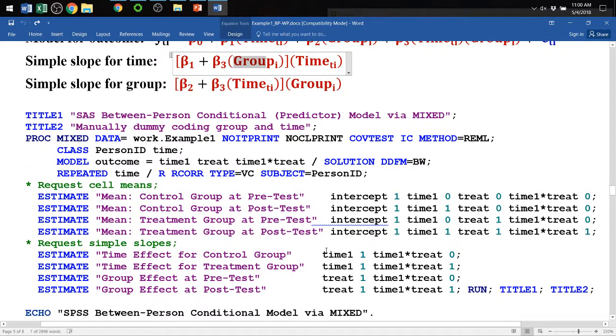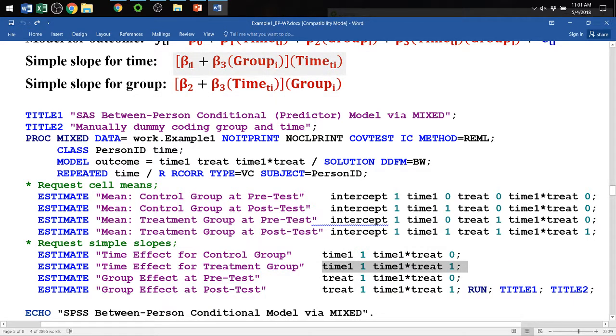So that corresponds to this statement right here. To get the time effect for the control group, I just need 1 beta 1, but I don't need any interaction terms. So these words actually refer to the fixed effects, the betas. I didn't need to write that because the model already gave that to me. To get the one that I'm missing, though, what is the time effect for the treatment group?